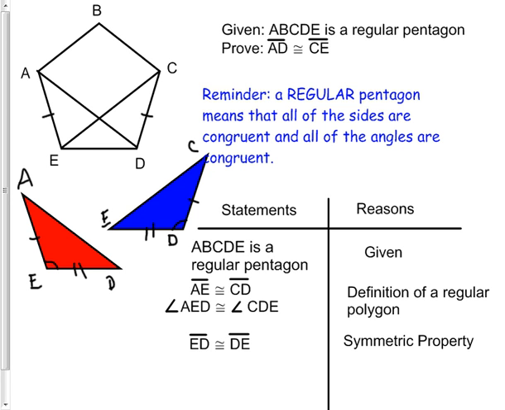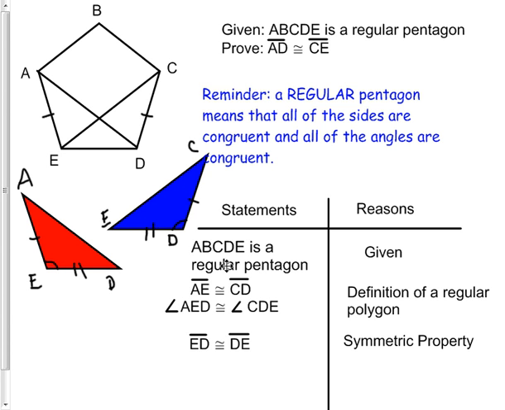I look at these two triangles, I see a side, an angle, and a side, and the angle is right in between the two sides. So I notice that this red triangle has to be the same as this blue triangle because they both have the two sides and the angle in between them, so side, angle, side.